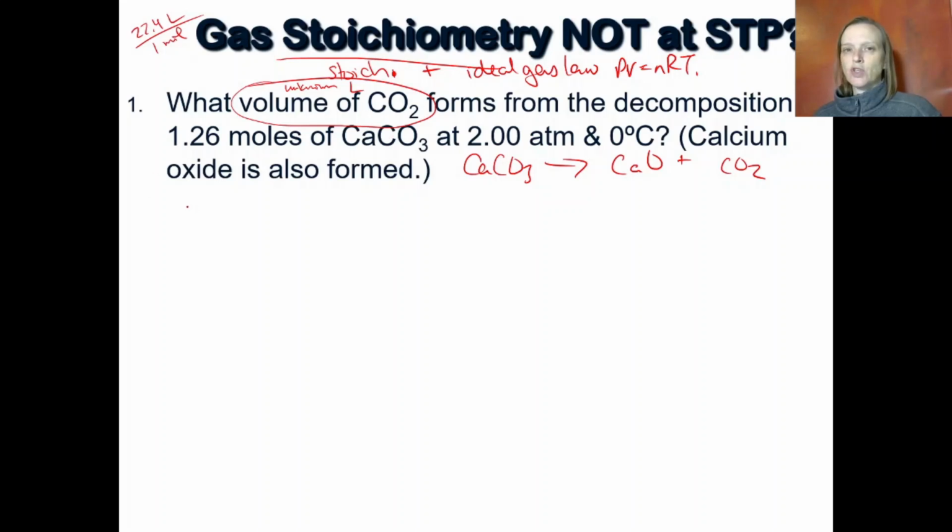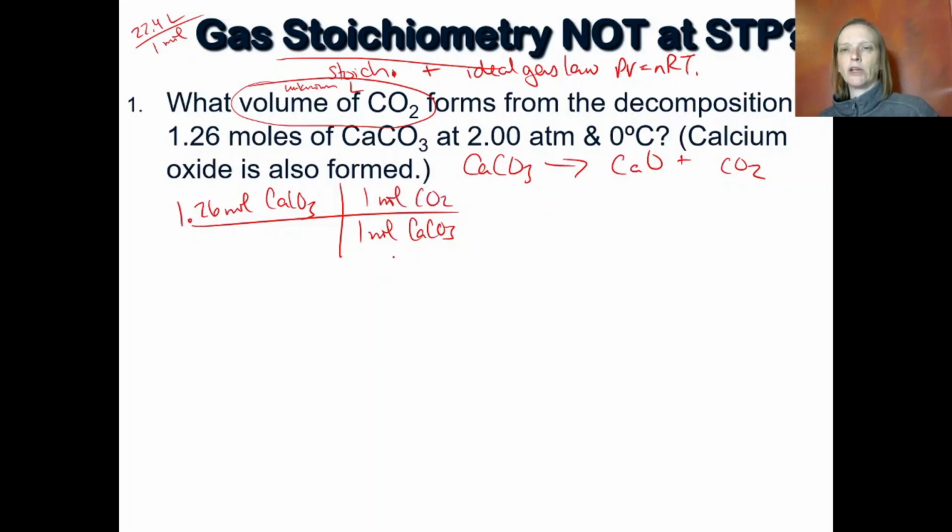So I'm going to just start with regular stoichiometry. I've got 1.26 moles of calcium carbonate, and I'm going to get rid of 1 mole of calcium carbonate for every 1 mole of carbon dioxide that I bring in, because it's a 1-to-1 mole ratio. And because I ultimately want to convert to liters, I stop here at moles.